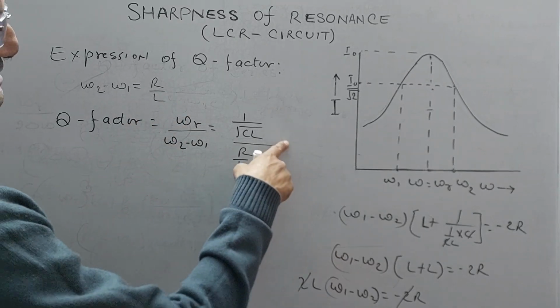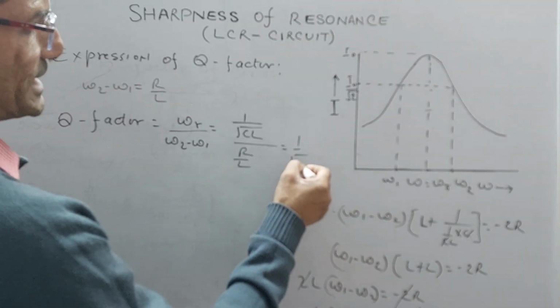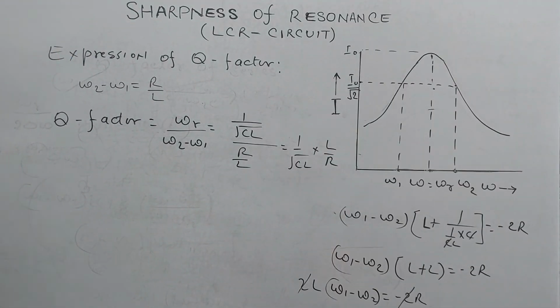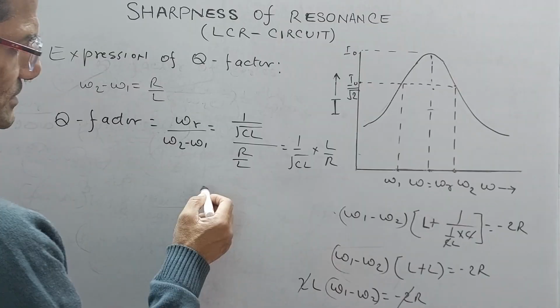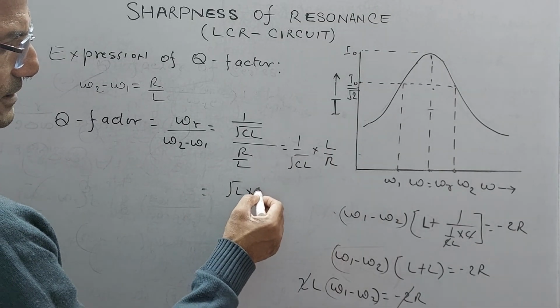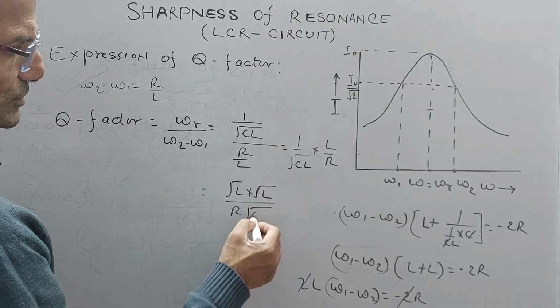Just by simplification, I will be able to calculate this one: 1 upon root CL times L upon R. L has the value root L into root L, so it becomes root L into root L divided by R times the square root of CL.